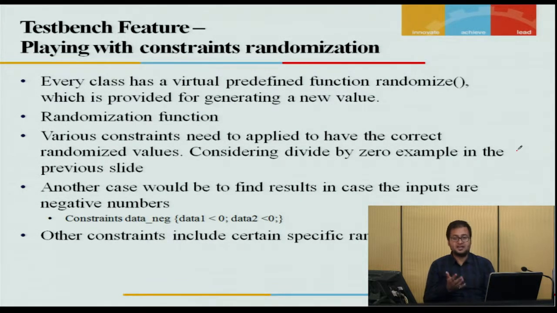The denominator can never be zero in this case, because if it is zero, it will not behave normally, or will not perform the verification correctly. Another case can be to find whether the result can be there for inputs which are negative values. Other constraints may include certain specific ranges, like factorial, fraction numbers, and all those cases.